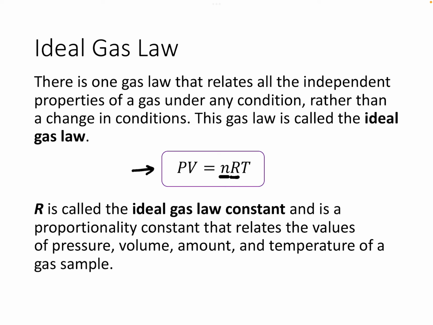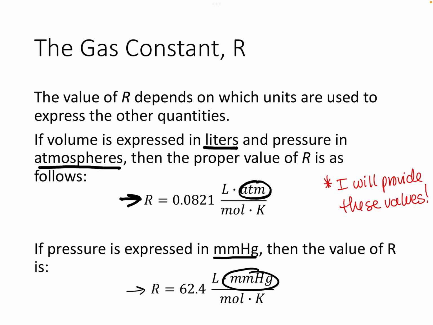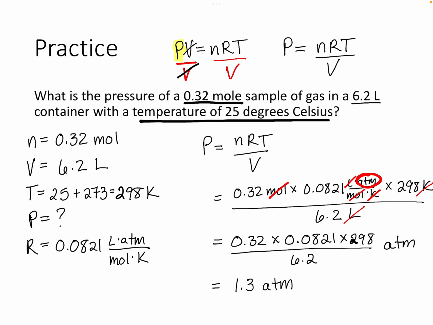And one of those, obviously, you're going to be solving for. Again, I'm going to give you these gas laws on a quiz or an exam, so you just have to figure out which equation you need to use for the problem you're working on.